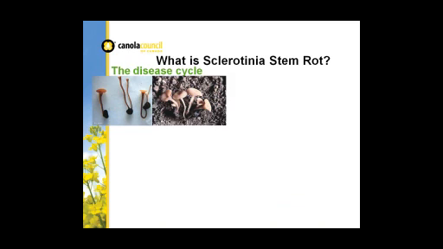So the next component that I want to talk about is the Sclerotinia disease cycle. I'm not going to go into it in huge detail, but I want to illustrate a few of these points that are critical for your understanding as to whether or not you should take that control measure. So the disease, or the fungus, starts out its life cycle as a sclerotia during the winter and early spring months.